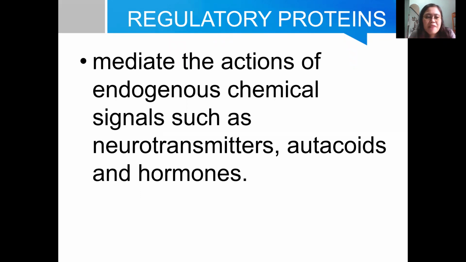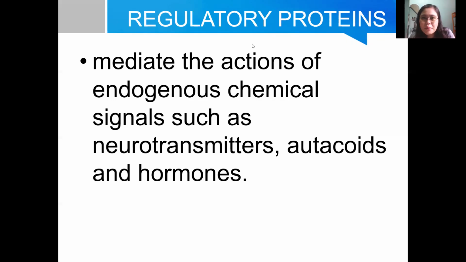And then we have hormones. By the way, an example of an autocoid is histamine. Okay, the one that causes allergy. It's an autocoid. It's a chemical messenger, a local one. Now, we have the hormones. The difference of hormones from neurotransmitters is that hormones are produced by glands.